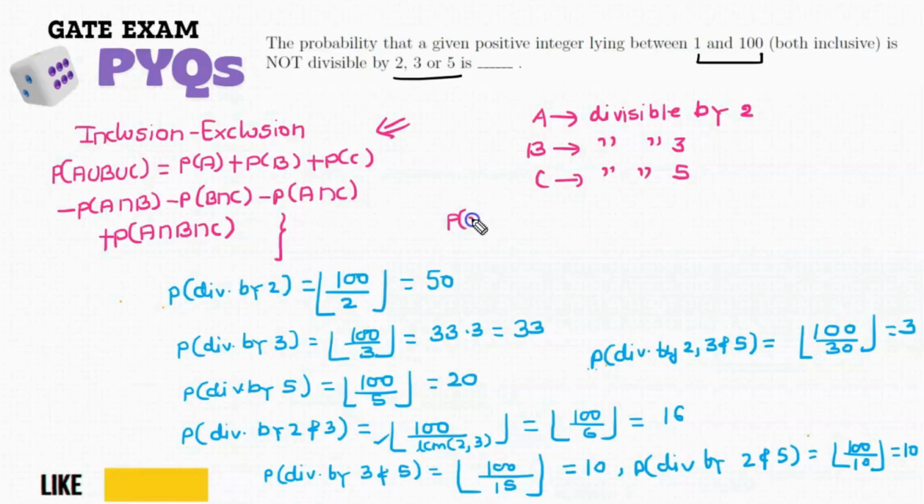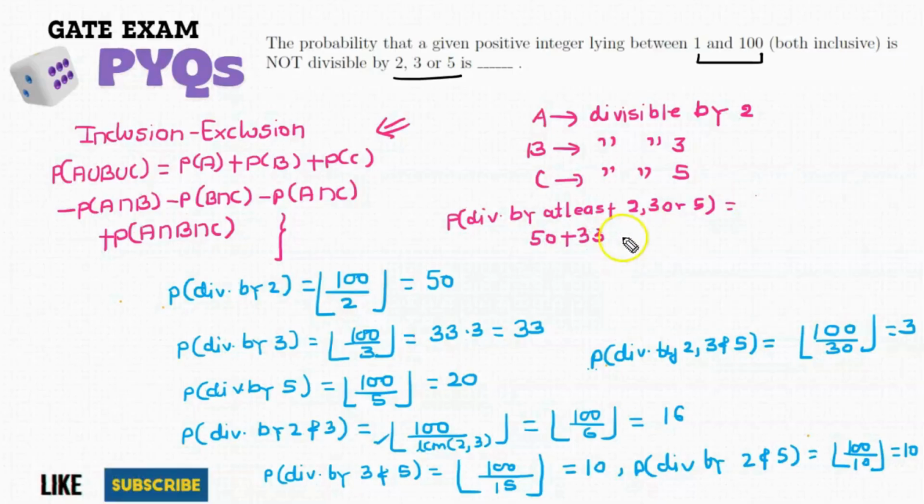What we get is that the probability that it is divisible by at least 2, 3, or 5, any of them, is going to be the probability of A plus B plus C, minus 16, minus 10, again minus 10 we are having, and then we will add this 3.